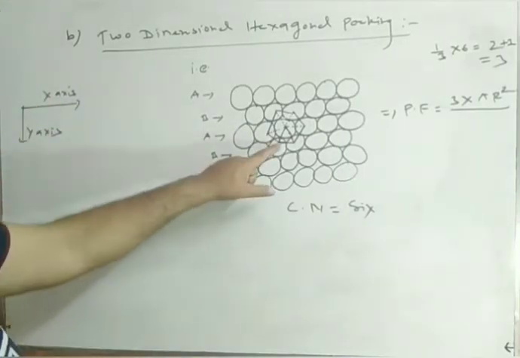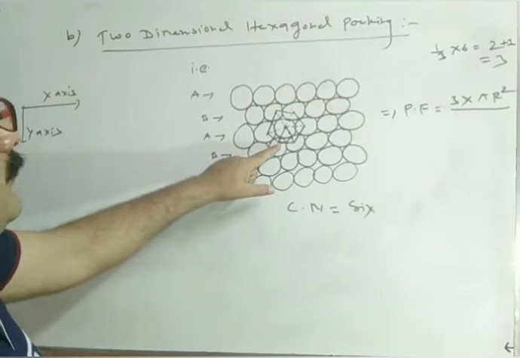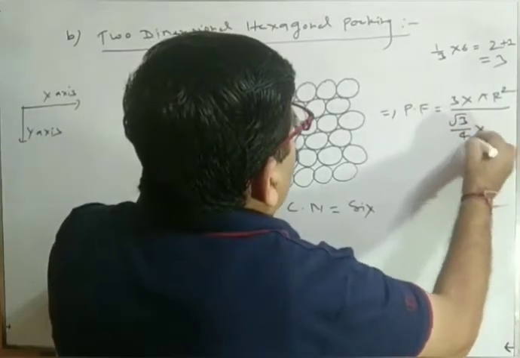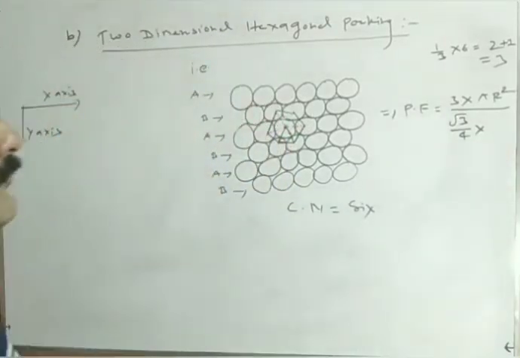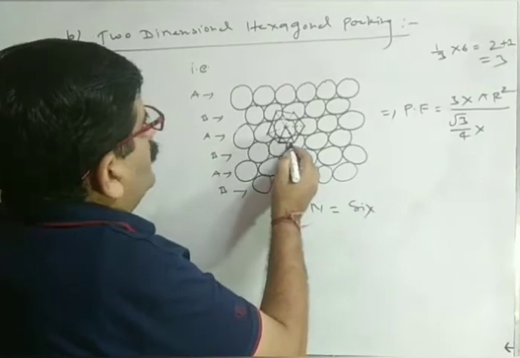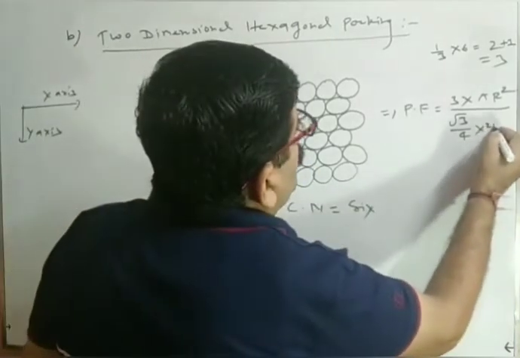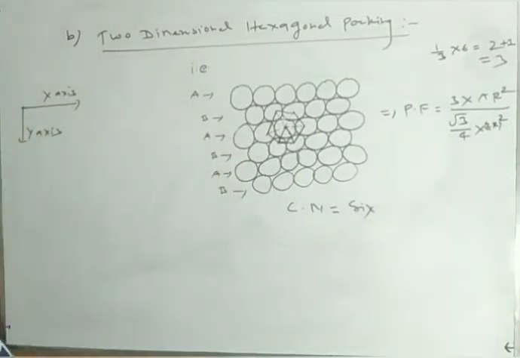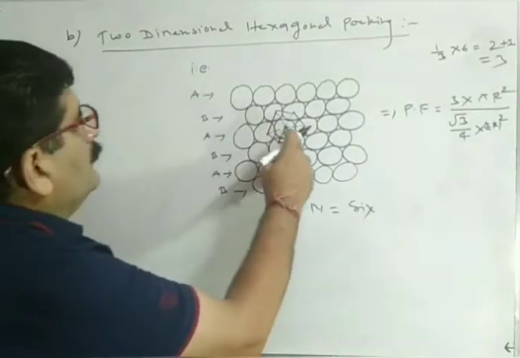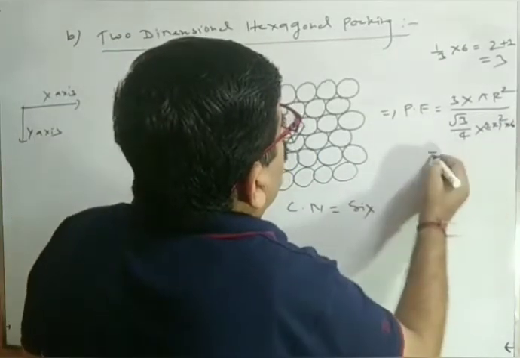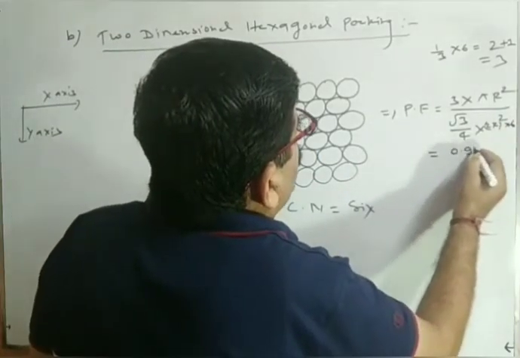We know that the area of an equilateral triangle is what? √3/4 into a square, where the side is equal to r plus r, 2r square. How many equilateral triangles are formed? 6. 1, 2, 3, 4, 5, 6. Multiply by 6. We get 0.91.